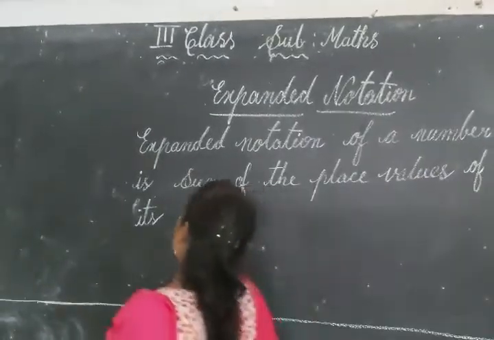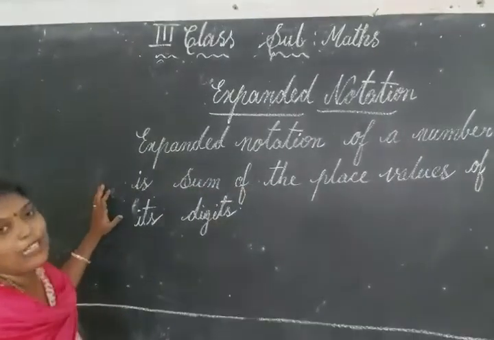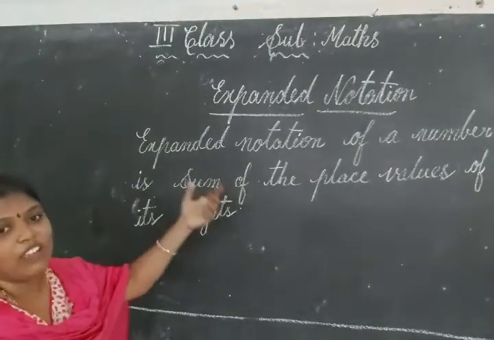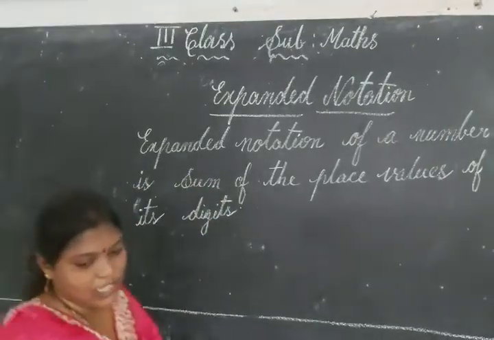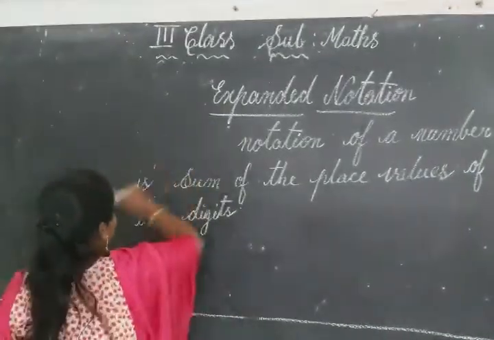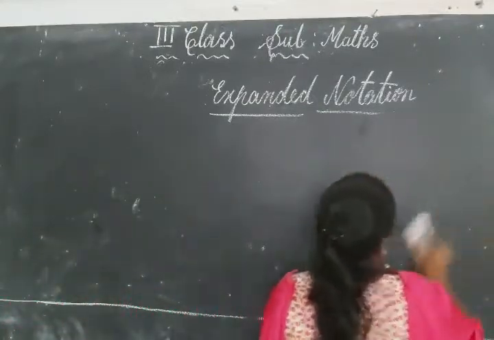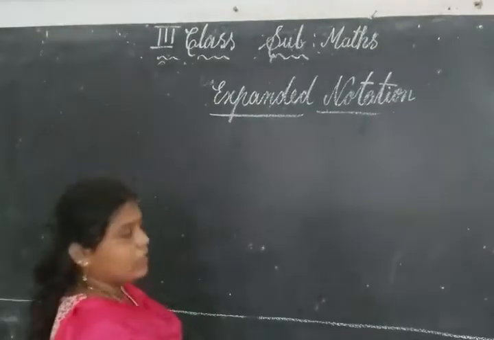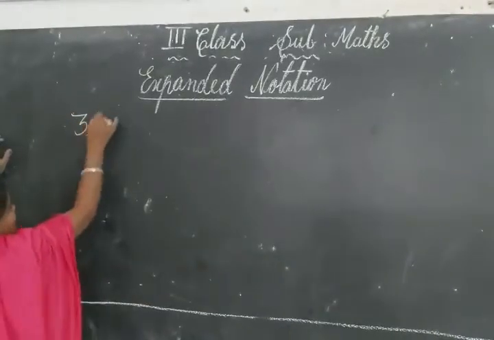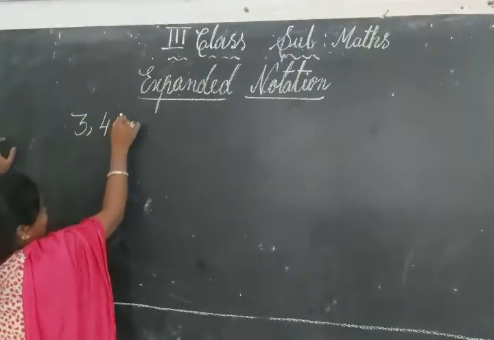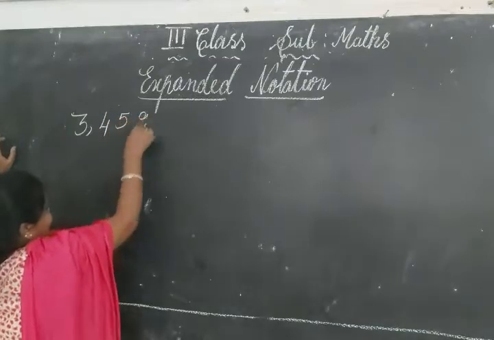So, let us understand this with the help of an example. Let's take the number 3459.